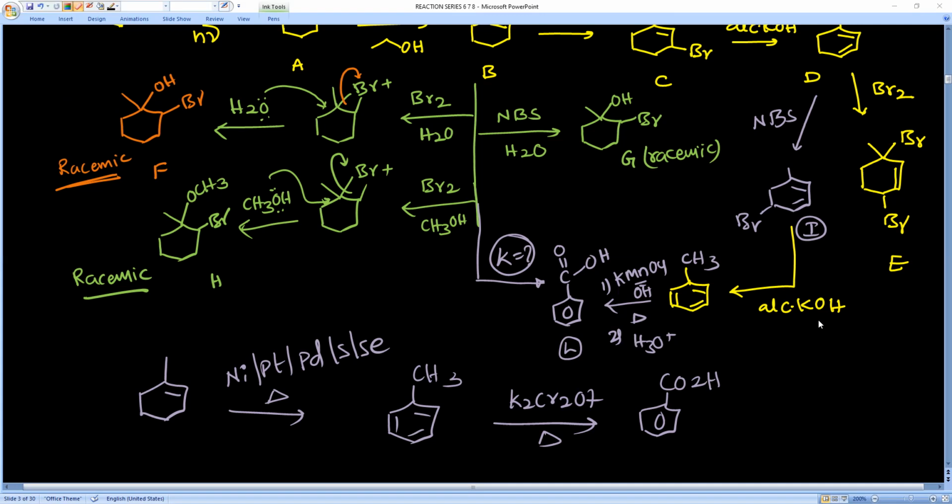After alcoholic OH we are getting compound J. Compound J treated with KMnO4 and base followed by heating and H3O plus. We are getting compound L. What is compound J? Compound J is not any racemic mixture.